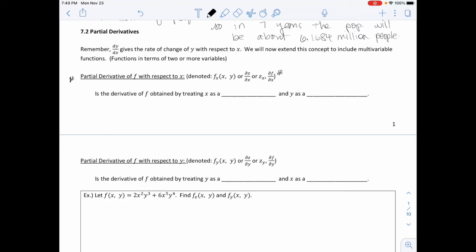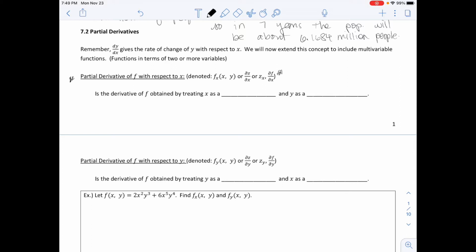So we have f, you'll notice a little x down at the bottom, f sub x of x comma y, or dz dx, and you'll notice that that's a cursive-looking d, and that's because it means it's a partial derivative instead of just a regular derivative, since it's more variables.